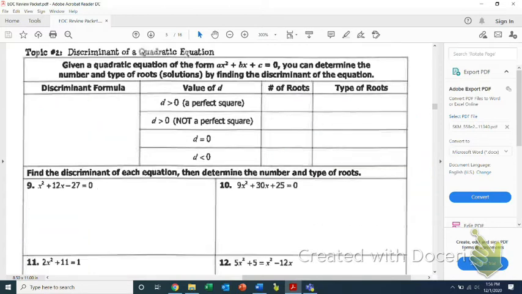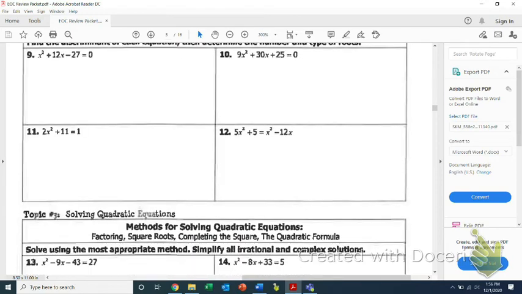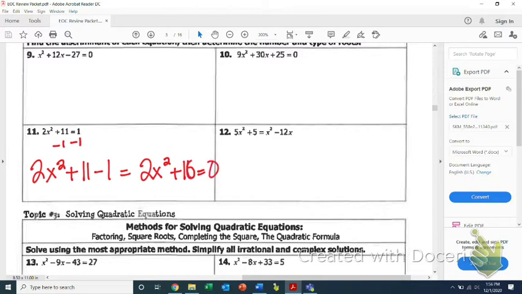look at number 11. Number 11, everything has to be on one side. So in order to find the discriminant, the first thing we have to do is move the 1 to the other side. So we have a quadratic equation of 2x squared plus 11 minus 1. Well, we can combine those terms. 2x squared plus 10 equals 0. Okay?